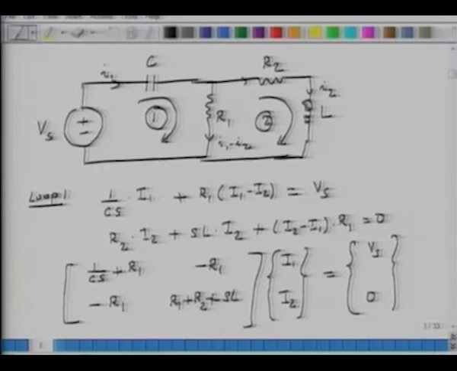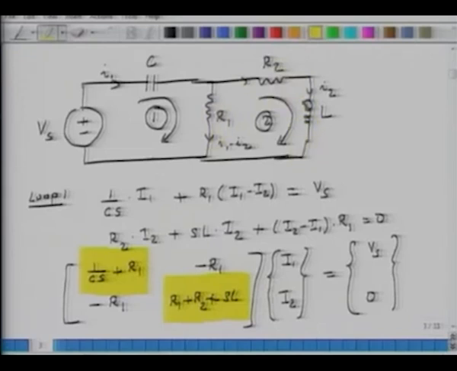Look at this matrix equation carefully. What is this physically? It is 1 over Cs plus R1, so it is essentially the overall impedance of the first loop. R1 plus R2 plus SL is the overall impedance of the second loop.